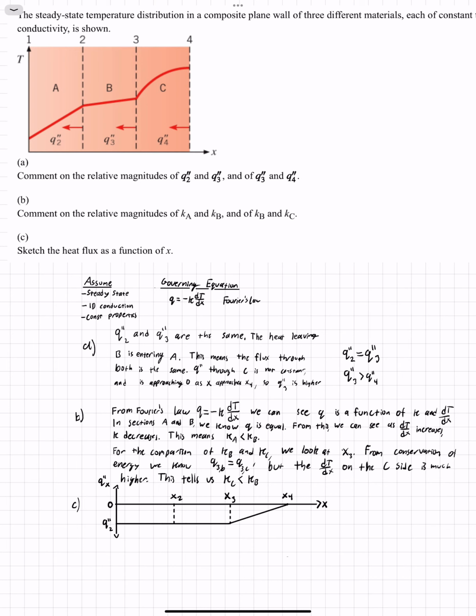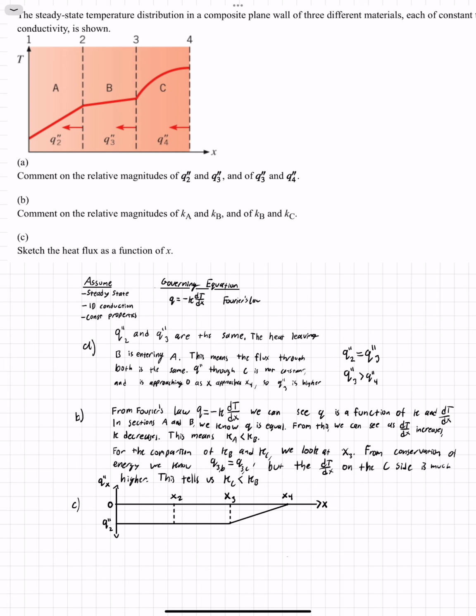Knowing that they have constant properties, because A has the larger slope, k must be smaller than in section B. We can set them equal, where negative kA dT/dx is equal to negative kB dT/dx, and with dT/dx larger in A, k must be smaller.